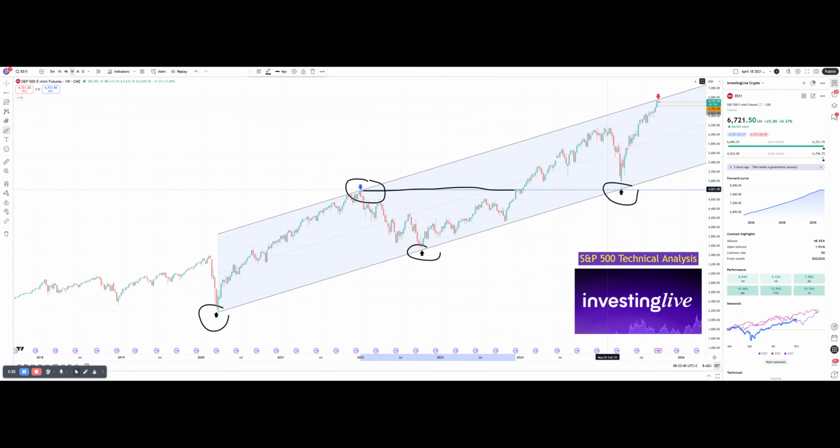And then, not by coincidence, when we had that big dip after the tariff panic in April, it found the dip right there. If you look at the low of that, it is 4,832, and here the high is 4,808. Okay, so very, very close to each other.